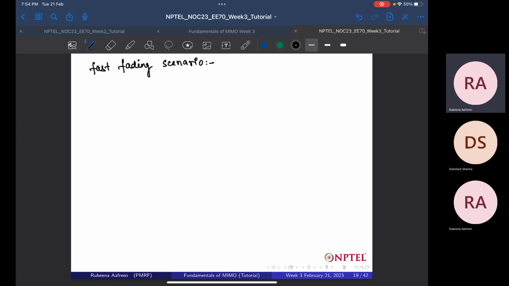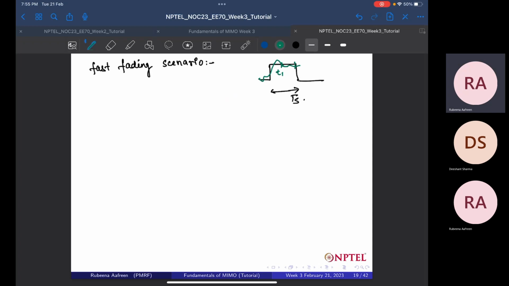In fast fading, the channel will change at some durations. So suppose we have x with symbol duration Ts, and suppose the channel is changing. Suppose we say that this is t1. For simplicity, we are assuming that the channel is changing 2 times only.